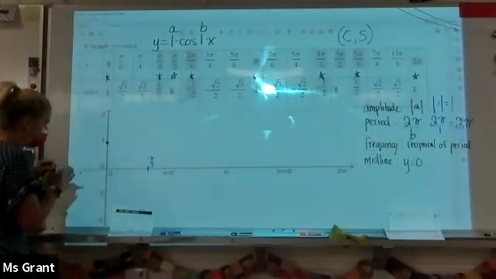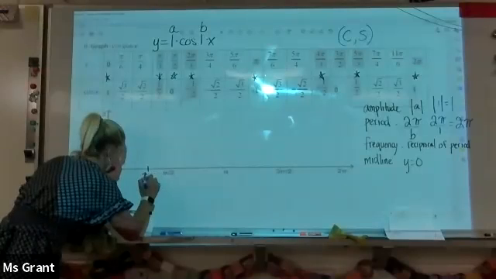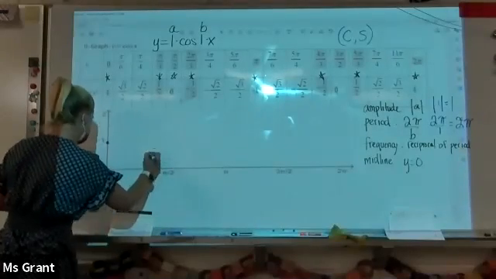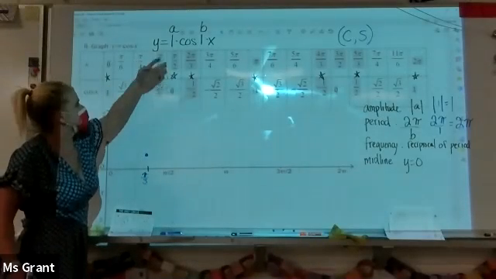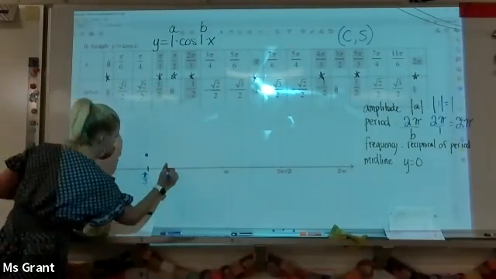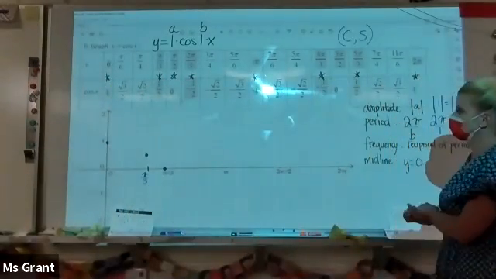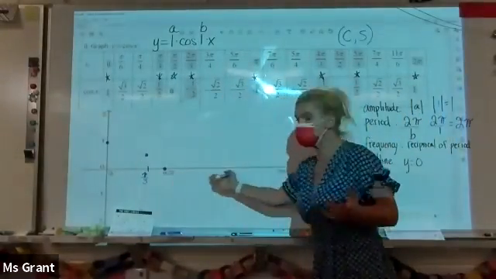Horrible choice for me to put it above the 1/2. I don't know, approximately there. I'm just plotting these ordered pairs. Pi over 2 comma 0 is there. 2 pi over 3. I don't see it.